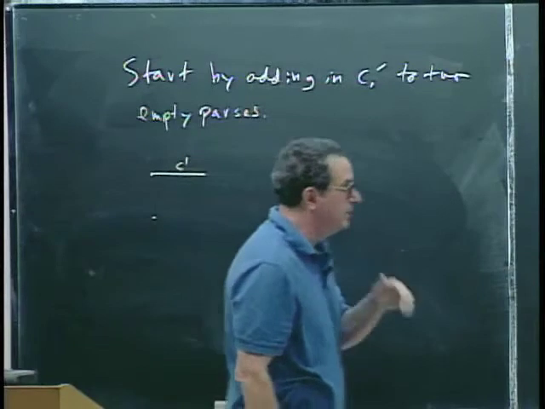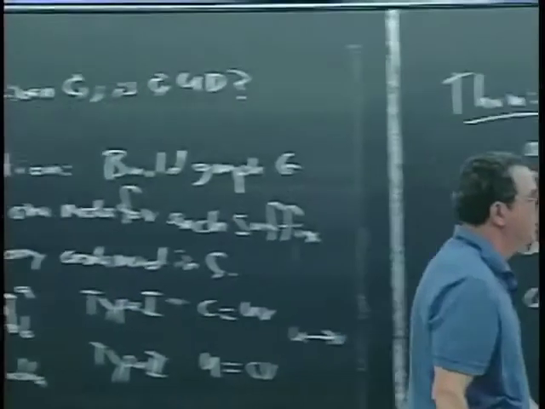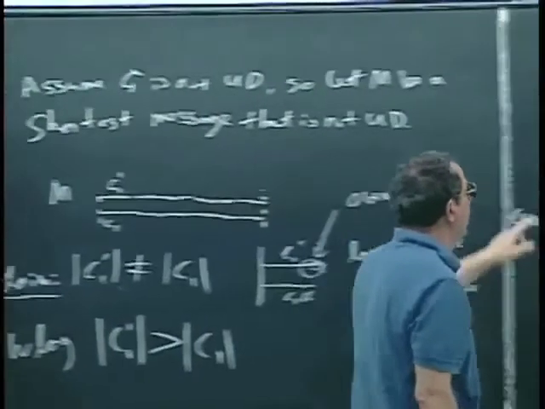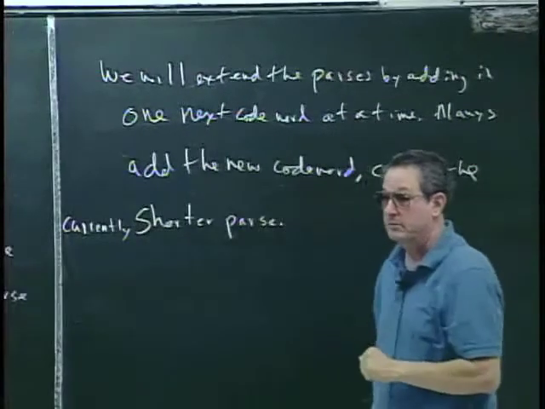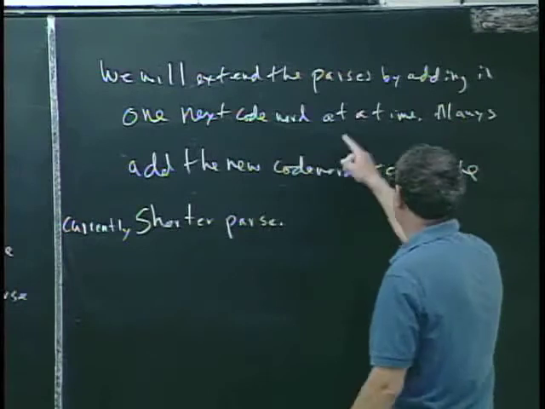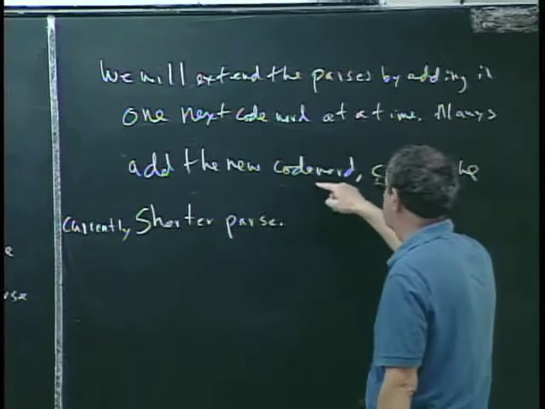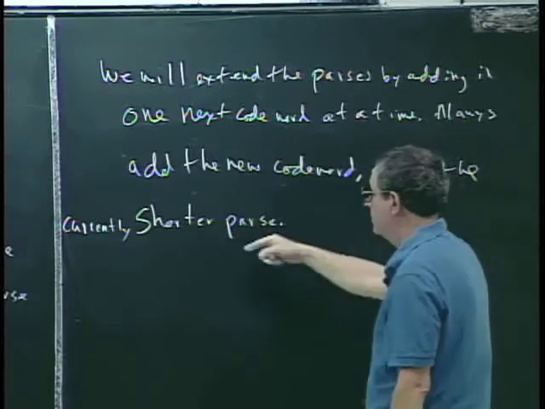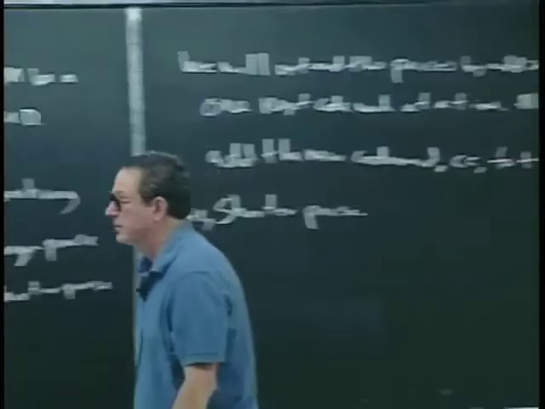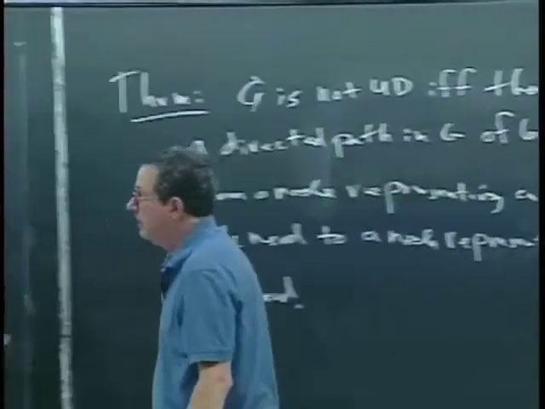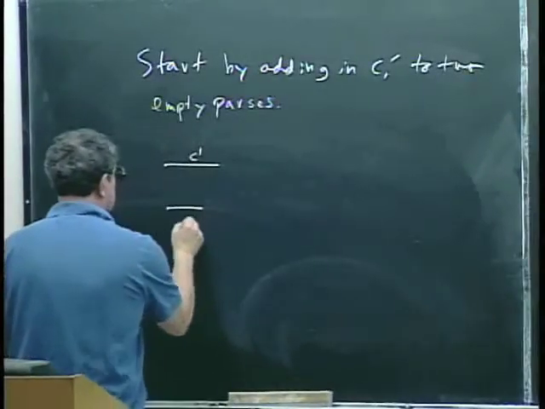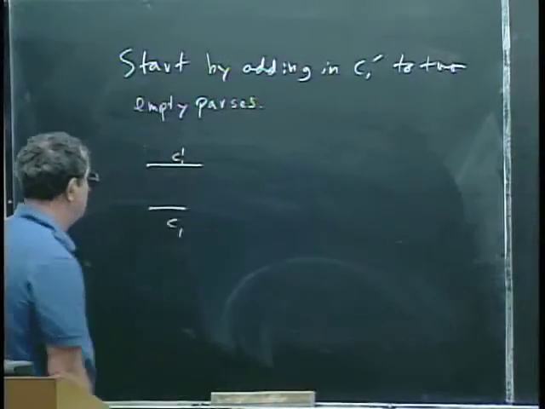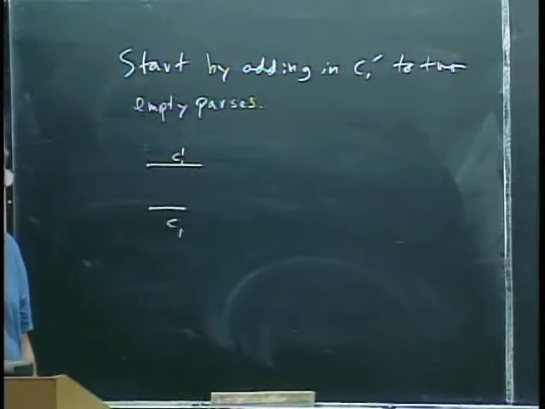So the rule over here says we should next extend the parses by adding in one code word at a time. Always add in the new code word to the currently shorter parse. So the currently shorter parse is the empty parse, which means that we're going to add in C1. Yeah, C1 prime. We're going to add in C1, and the picture looks like that.